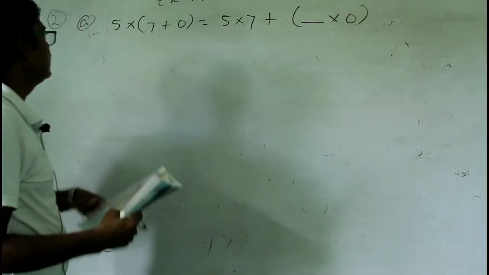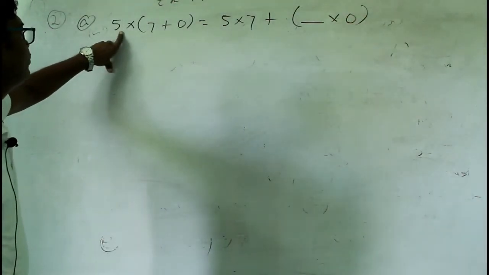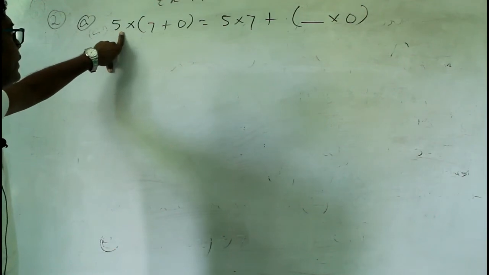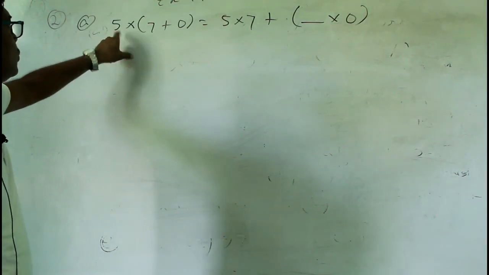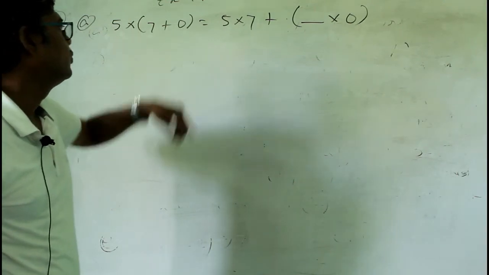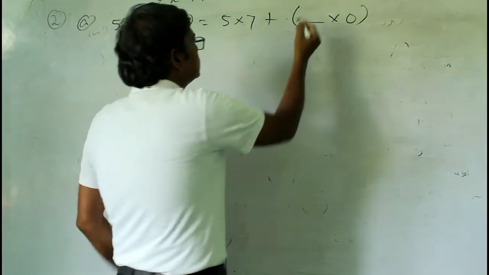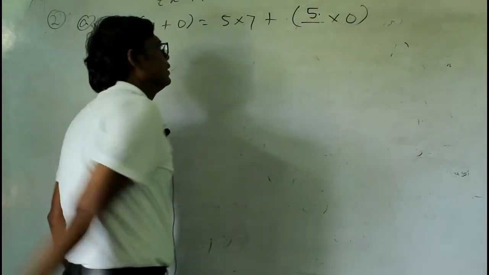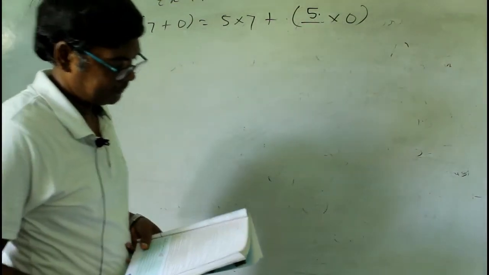This is the distributive property of multiplication over addition. When you open this, that will be 5 into 7 plus 5 into 0. So the answer will be 5.